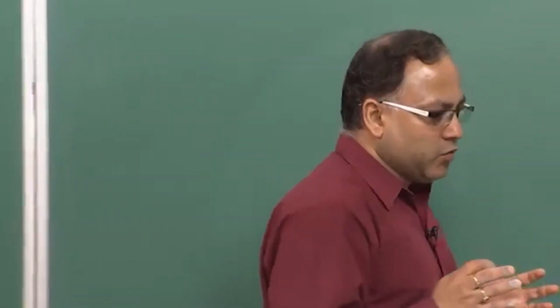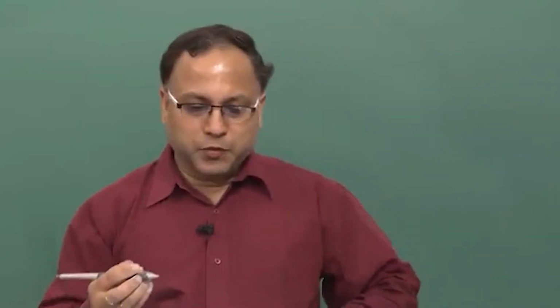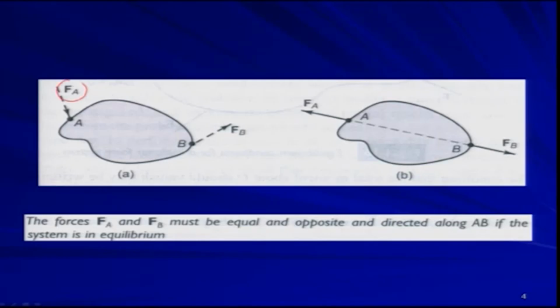So, what I mean to say, if any body is under equilibrium and there are two forces acting on this body, then no random orientation of the forces is possible. Please try to understand. Suppose this body is under the action of two externally applied forces FA and FB, they cannot be randomly oriented.